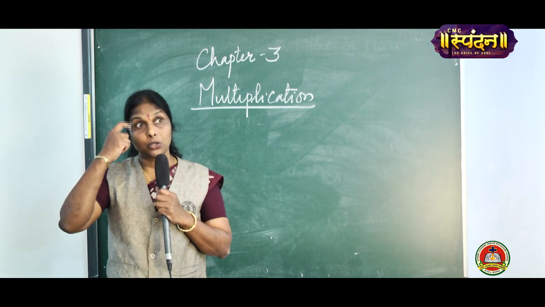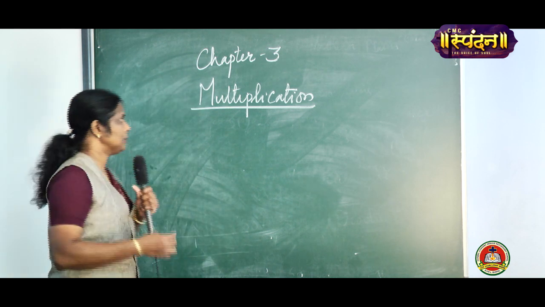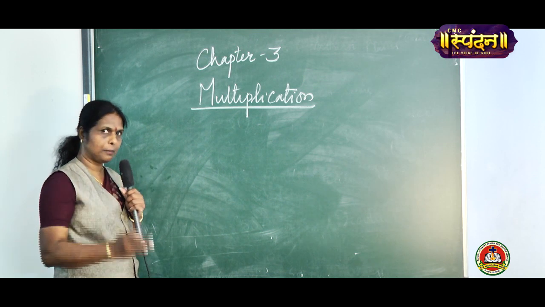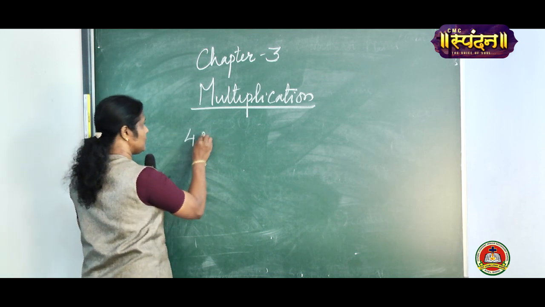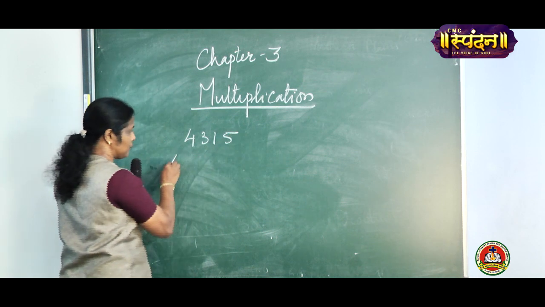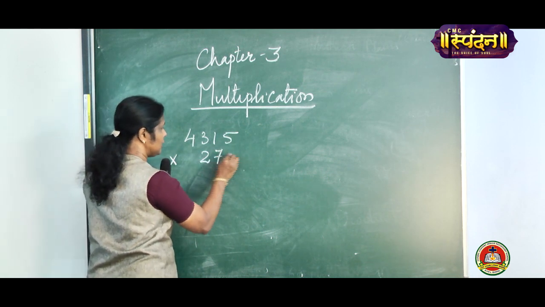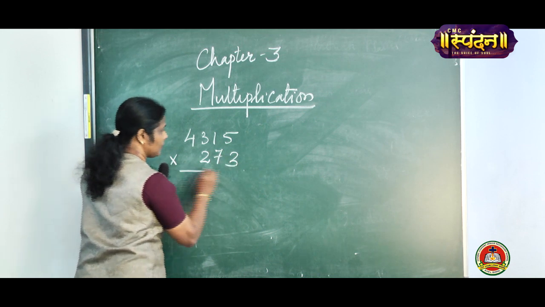Now, talking about multiplication, when we are multiplying two numbers, for example, I am taking here a 4-digit number multiplied by a 3-digit number, that is 4,315, I am going to multiply by 273.